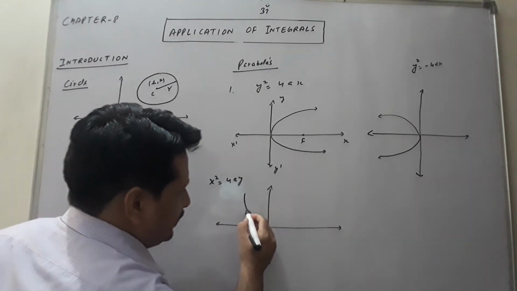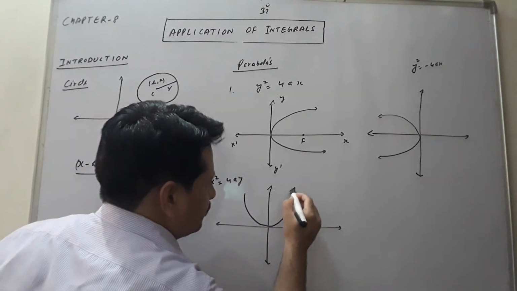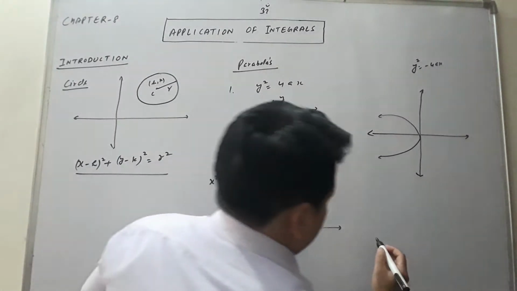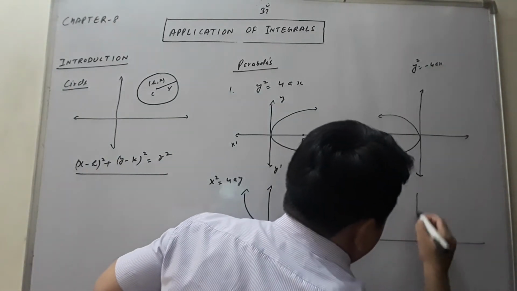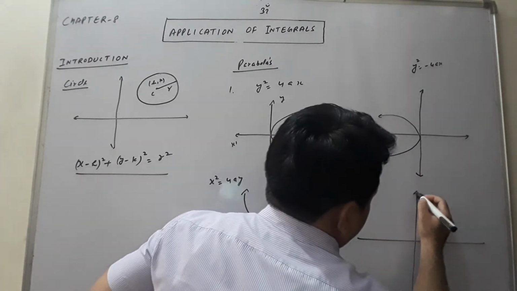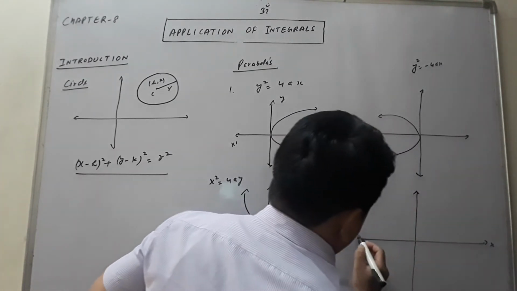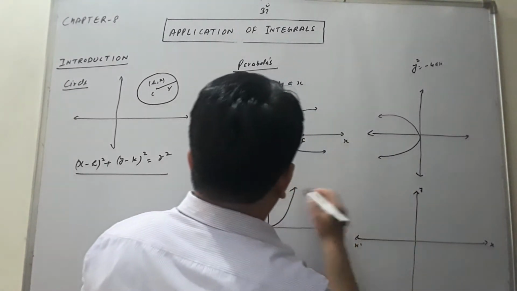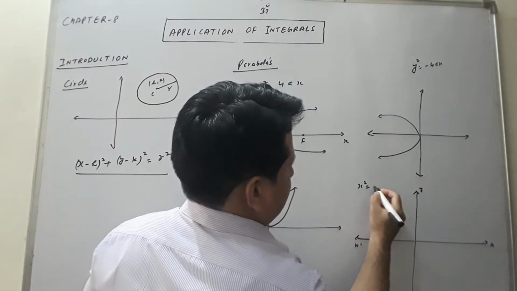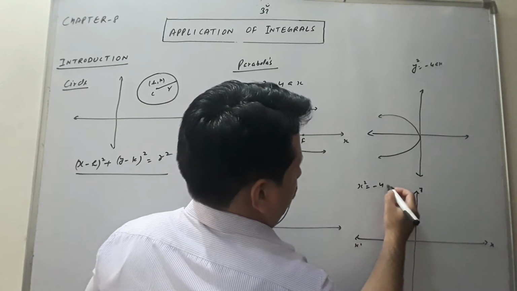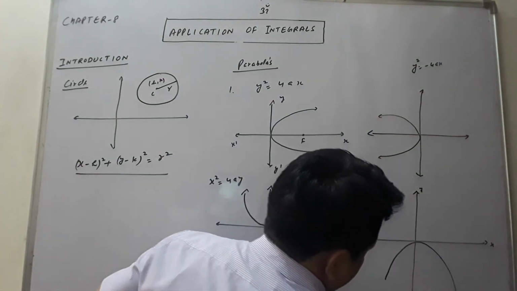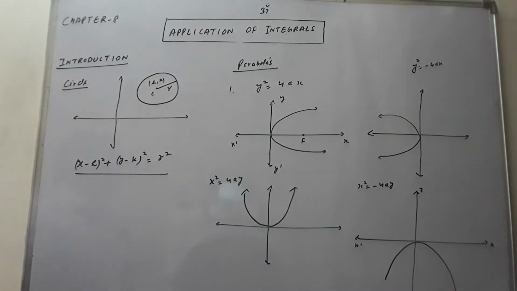Now the parabola is like this. And the last one, students, this is x, this is x dash, this is y dash. Now here the parabola is x square is equal to minus 4ay, and the parabola is like this.